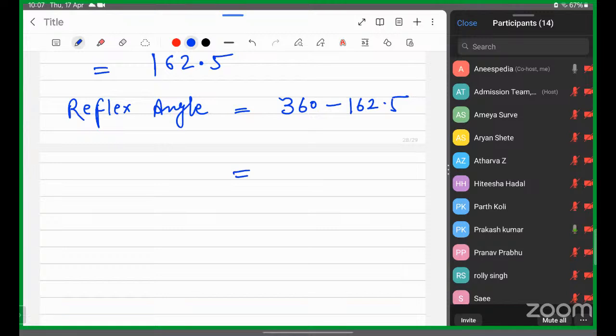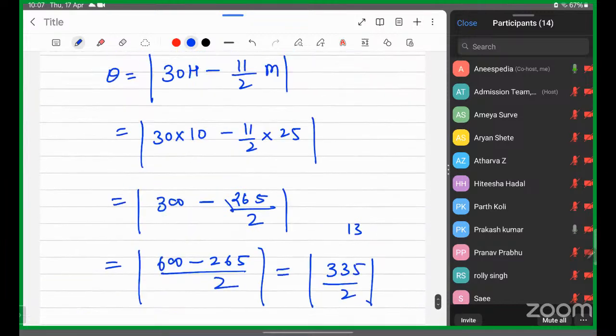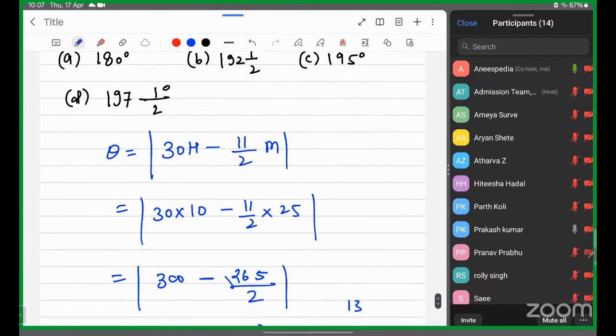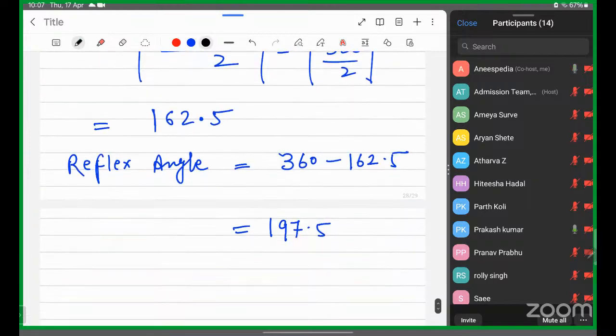Sir, 197.5. 197.5 means 197 and half. So this will be the correct answer.